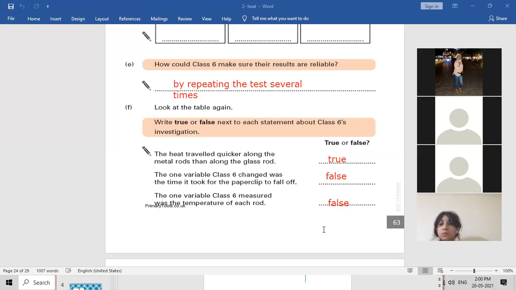Look at the table at the top of the page. What did they measure? Look at the other side of the table, dear. Yes, exactly. They measured the time taken for the paper clip to drop.